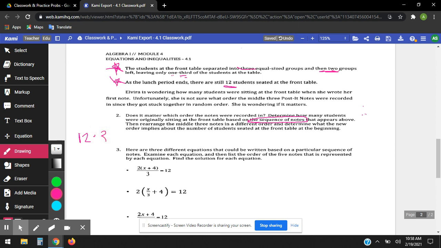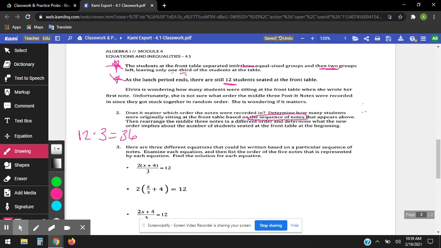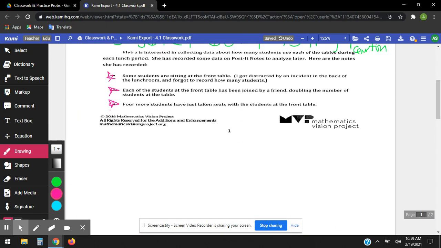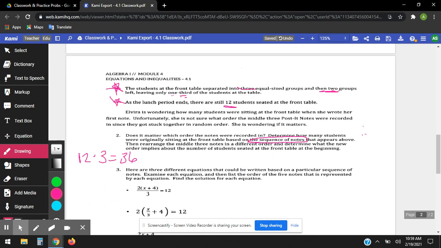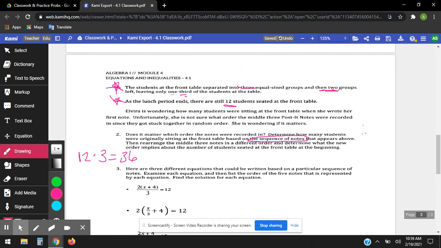They had 3 groups. That's a total of 36 students. And then, what was up here? 4 more students have just taken seats. So if there were 36 after the 4 came, we need to subtract the 4 out and get 32 students.